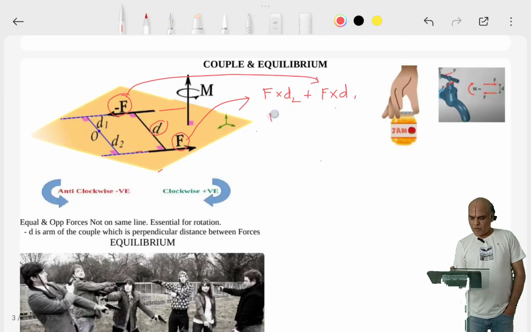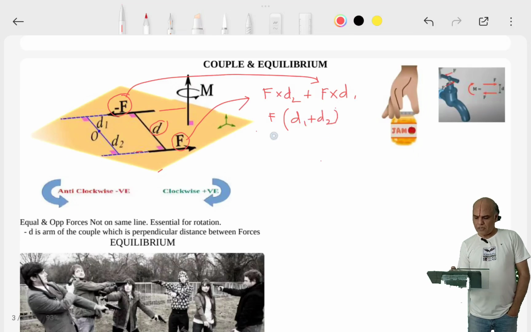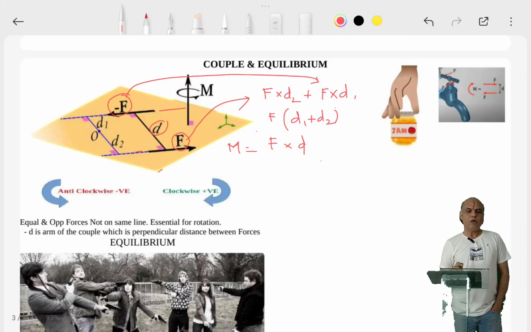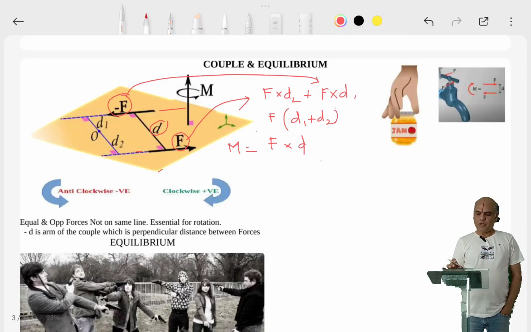So if I take F common, I can write it as F into d1 plus d2, and d1 plus d2 is nothing but d, so F into d. This is called the moment of couple.